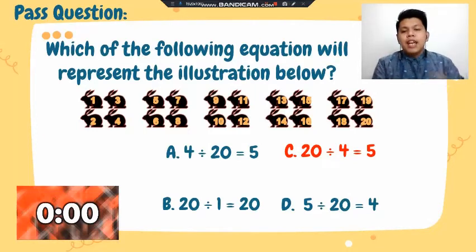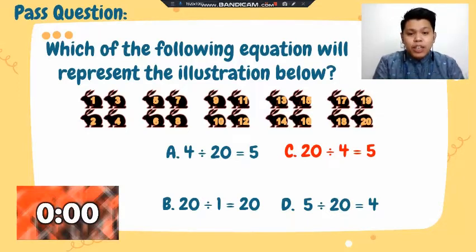Now, you will know that our dividend is 20. Remember that the dividend will be the highest number in the equation. So that is the dividend. Now, what you need to do next is, there are two ways. First, you can count how many rabbits are in each group. So group them first.